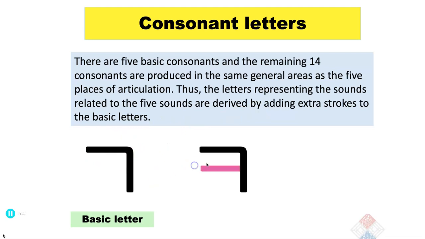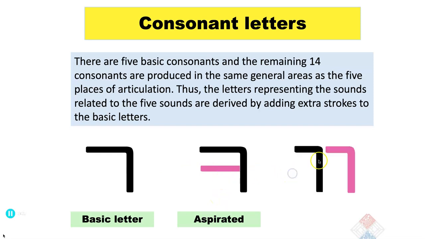Then you add one more stroke here, and it has a different sound, an aspirated sound. You have more air. And if you double the same basic letter, this becomes a tense sound. These letters share the same place of articulation. So by adding an extra stroke, you created a similar sound.